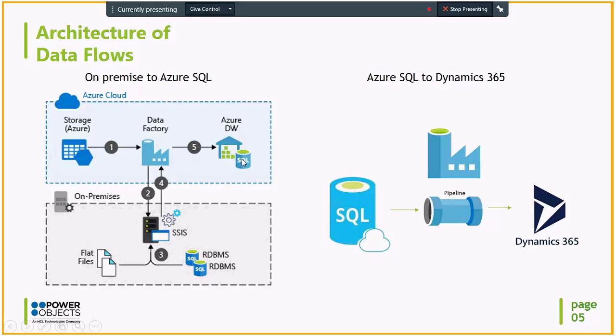Once this data is available online in the Azure cloud, we can easily use pipelines or data flows to transform the data into the form we need, and then push the data to different targets. In our case, mostly we will be looking only at Dynamics, so I just gave Dynamics here, but obviously we can push it to different sources as well.